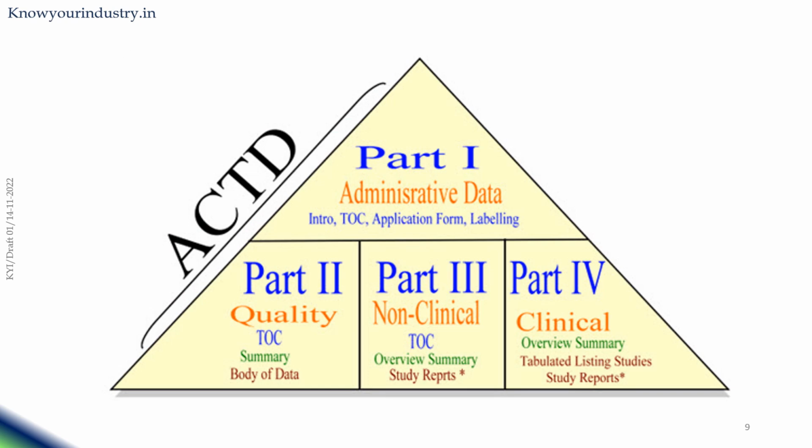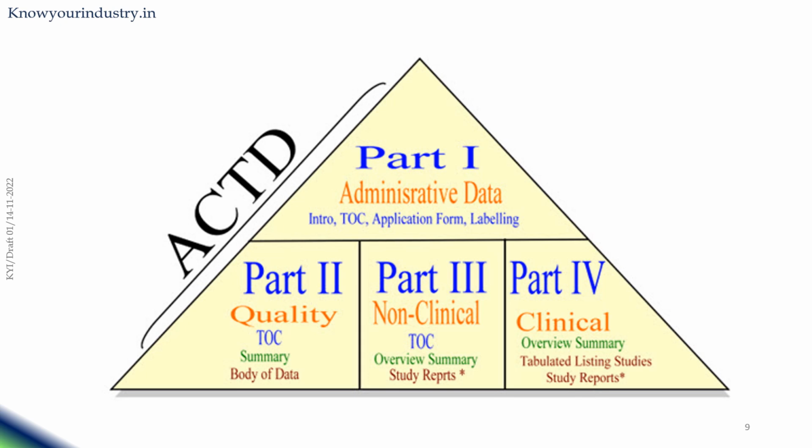This is the ACTD triangle. In previous slides, we have seen the CTD triangle. It has five modules. This is the ACTD triangle. It has four parts: part 1, part 2, part 3, and part 4. Part 1 is all about the table of contents, administrative data, and product information.